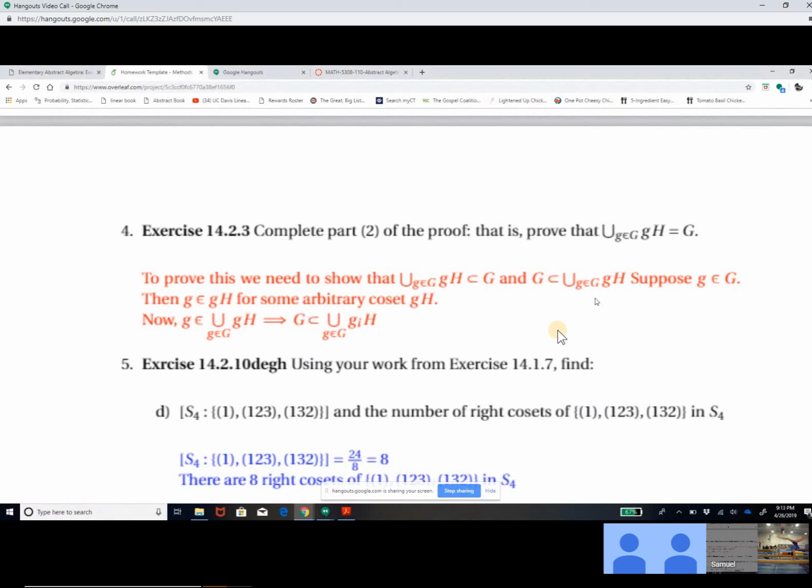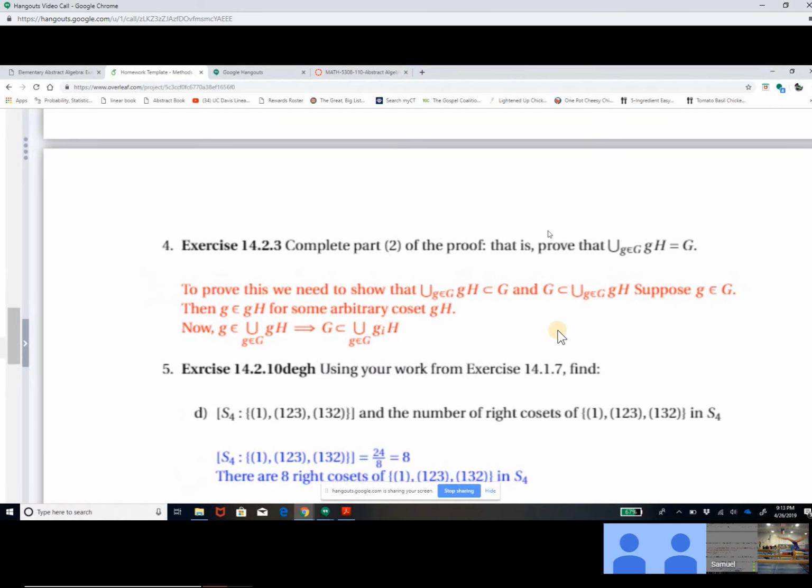Now you should be a little bit more clear to say which one you are proving first. You put suppose g is in G, so which one are you proving first? Well, all right, I guess it's okay to do that, but just put it on a second line.